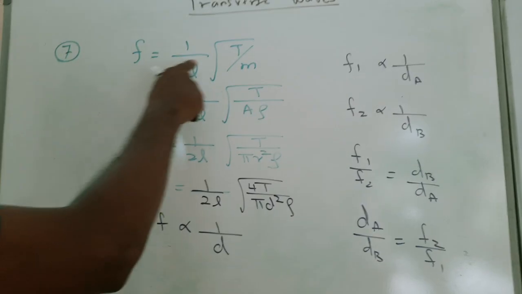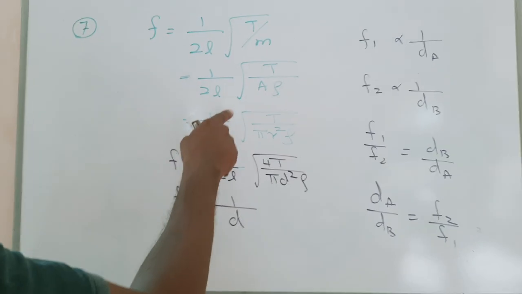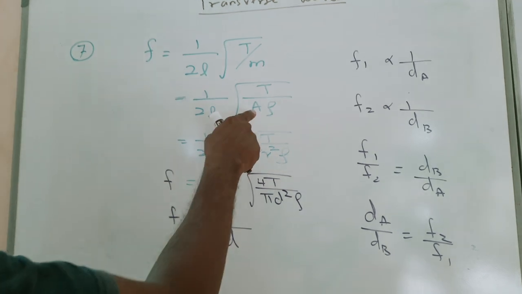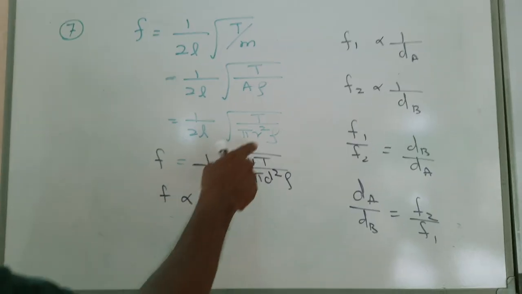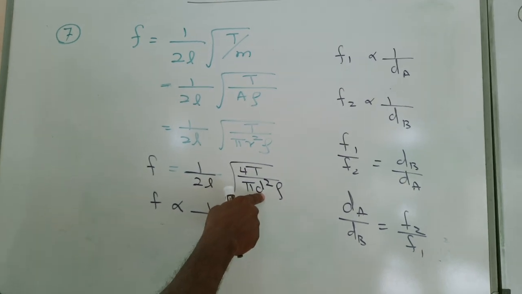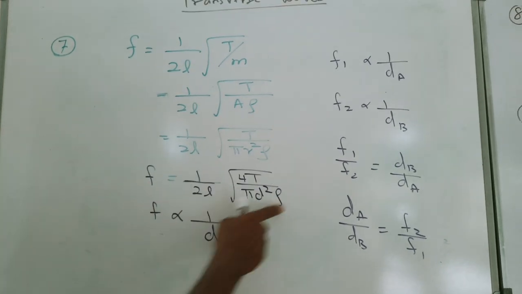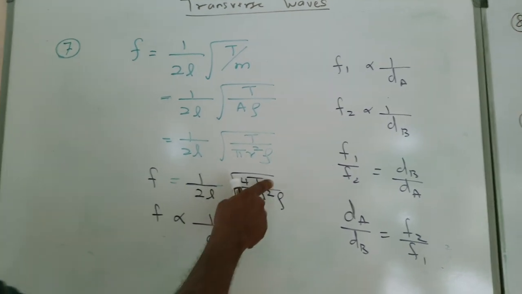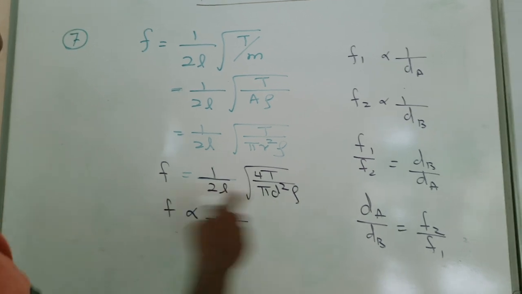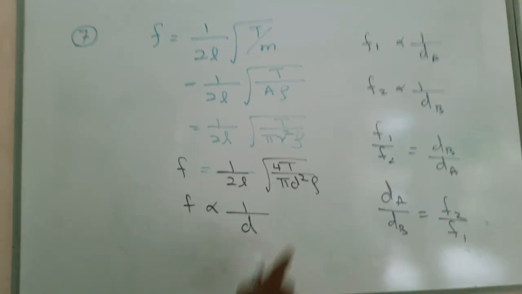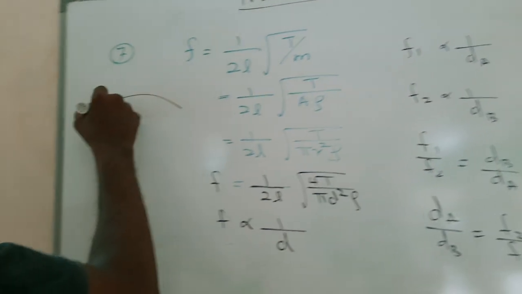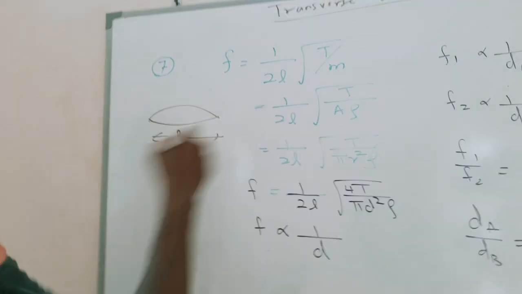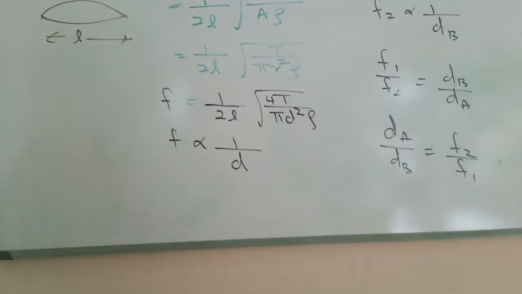The fundamental frequency is F is equal to 1 by 2L root of T by rho A, where A is the cross-section area pi r square, and r is equal to diameter d by 2. Frequency depends on tension, diameter, length and density. So F is inversely proportional to diameter.